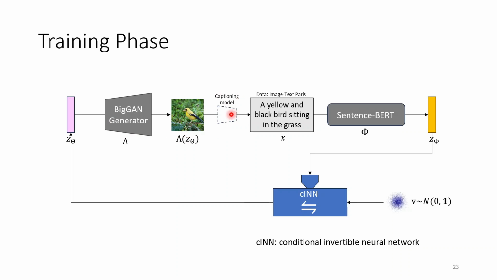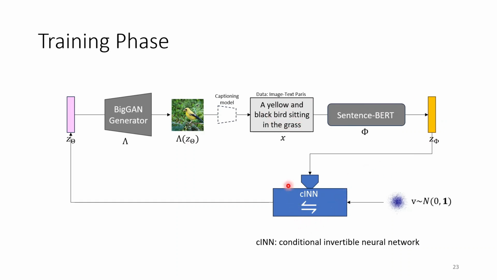There are some existing methods that can convert an image into a sentence. They just pick one, state of the art, and they get a sentence. The sentence is generated from the image, and the image is generated from the noise signal. Then they use sentence BERT here, so that they can convert the sentence into a vector.